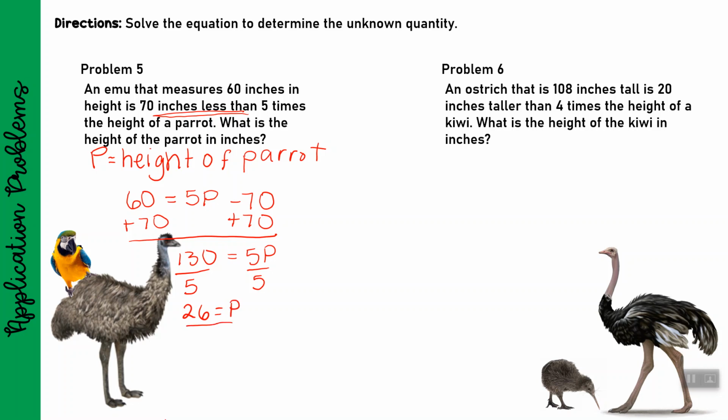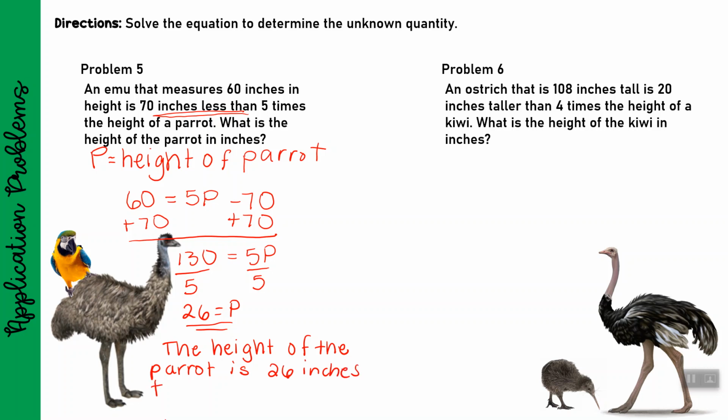Well, this is a word problem. Just writing p equals 26 or 26 equals p is not going to work. We need to write a sentence answer. The height of the parrot is 26. It says how many in inches, so inches.